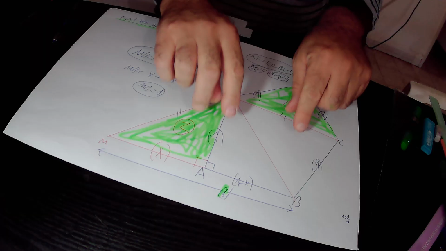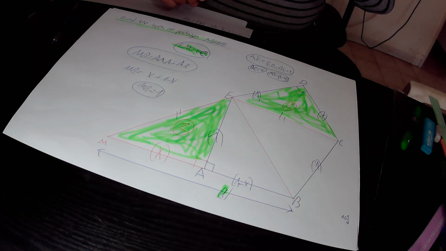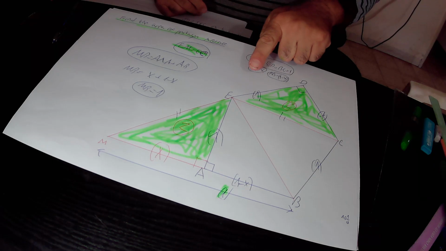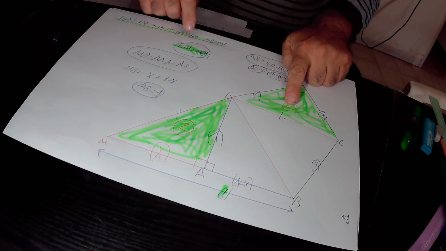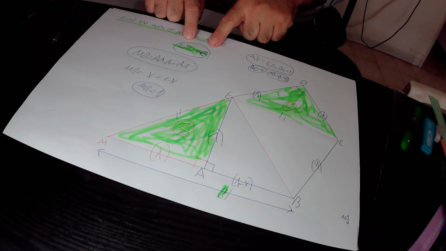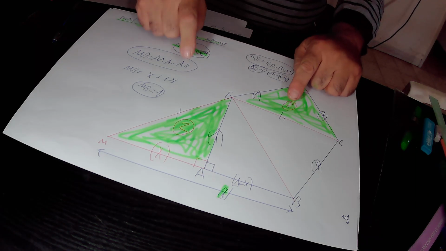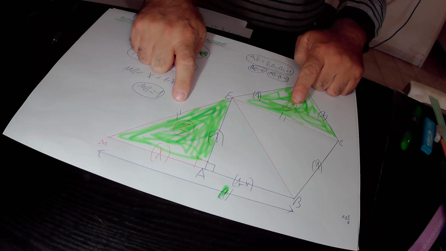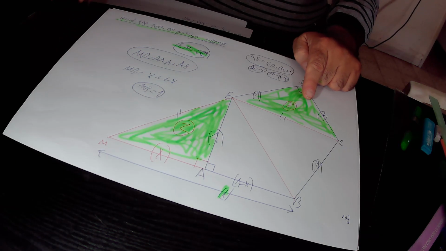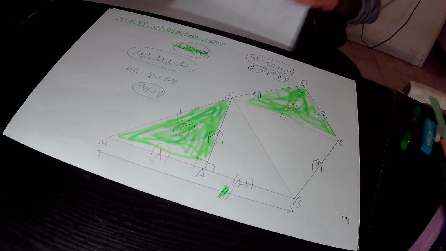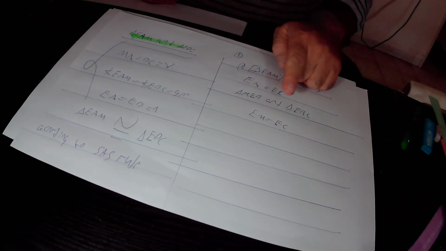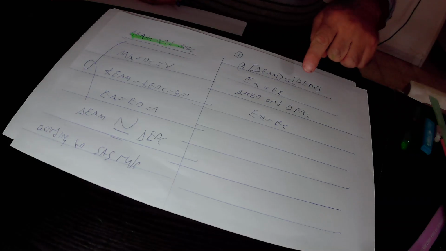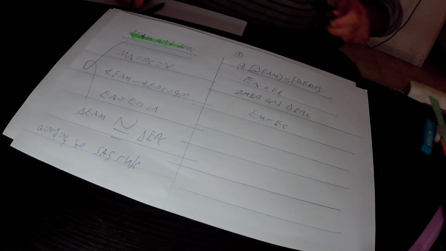So why can those two triangles go into each other? First of all, we already found out that EC equals EM. So side EM of triangle EMB is equal to side EC of triangle EBC.